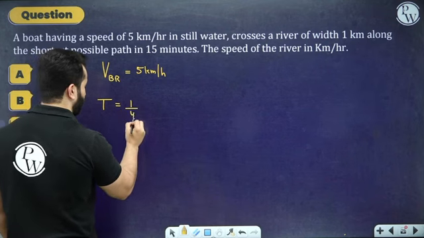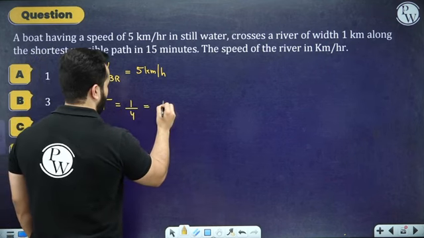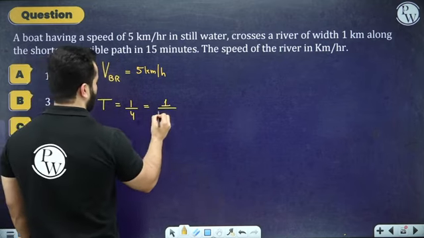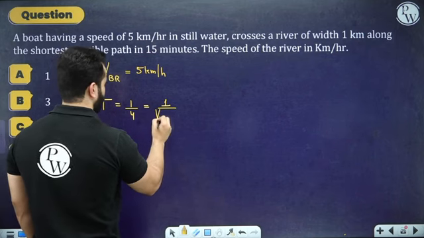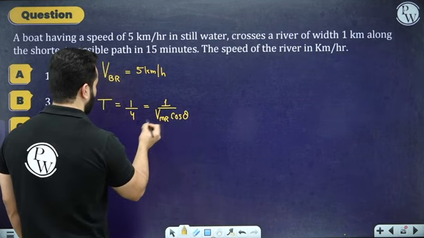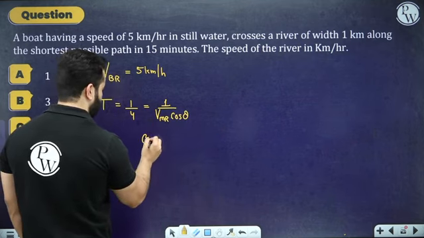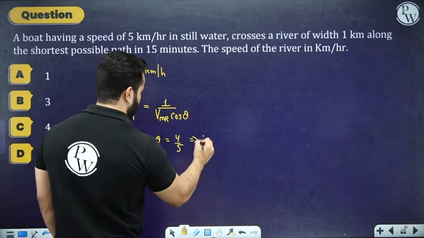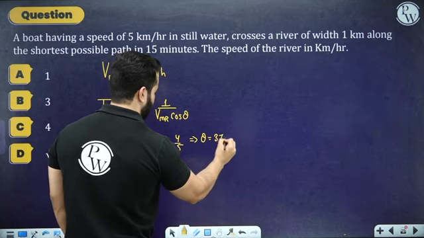That is 1/4 hour, right? And 1 kilometer divided by VMR cos theta. So we know what VMR is. This is 5. So cos theta would be 4/5. That would mean that theta would be 37 degrees, right?